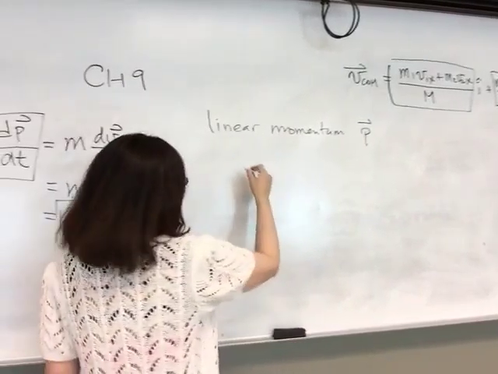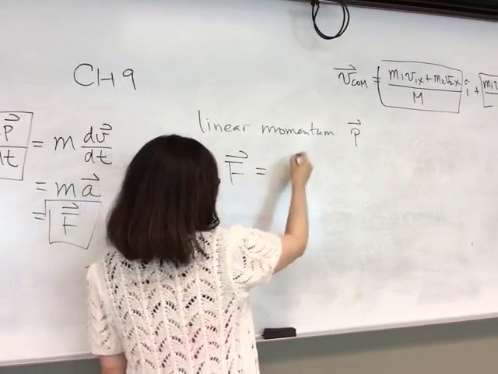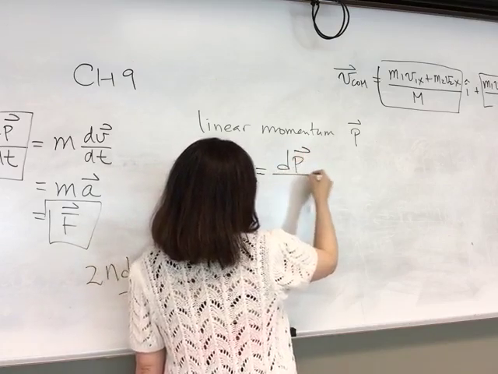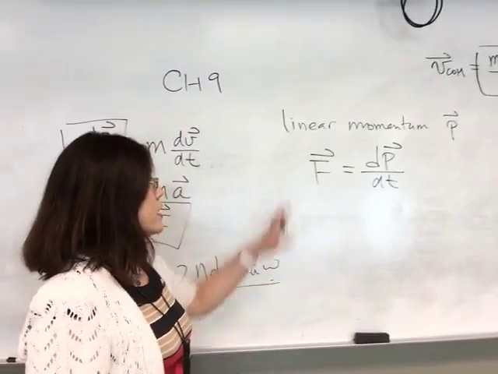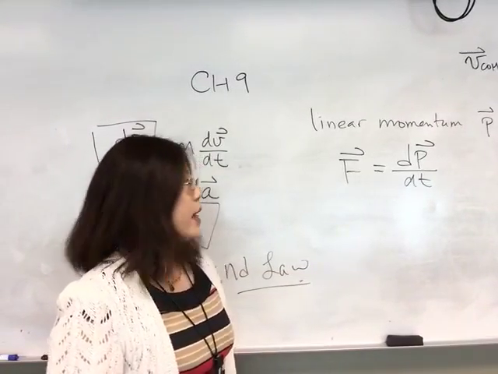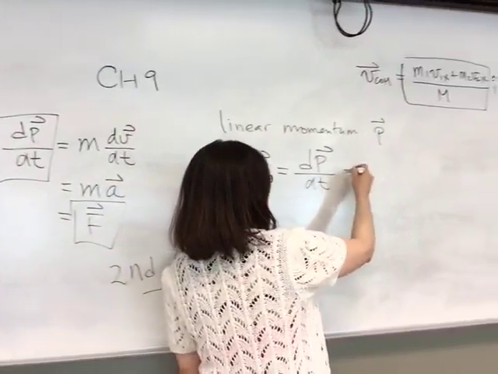So let's say we have the applied force equal to dp/dt. Whether it's on a single particle or a system, this always applies. So F equals dp/dt. Let's say the net force acting on the particle is 0.